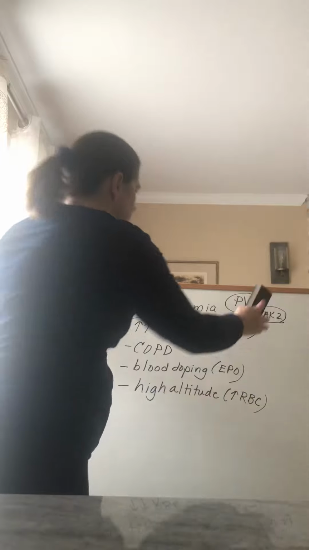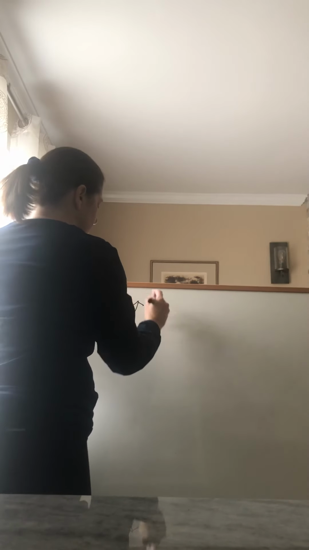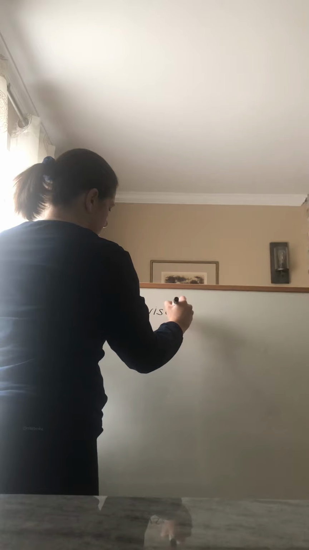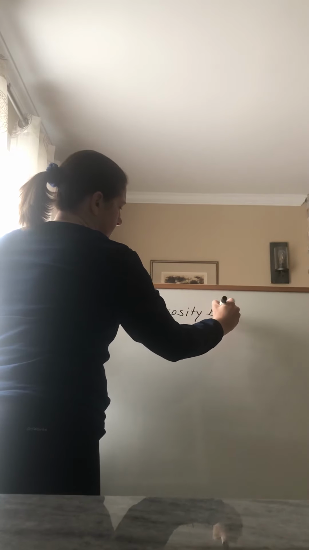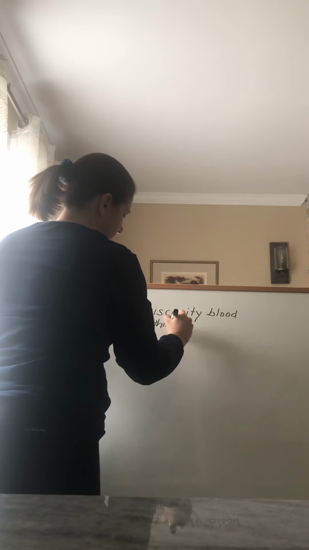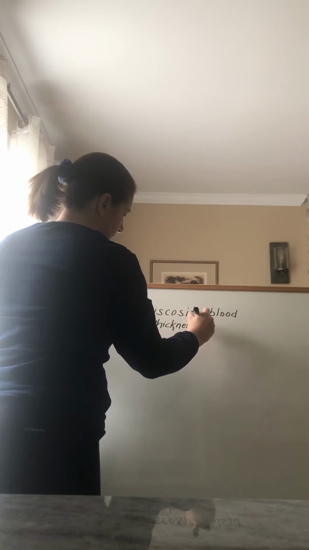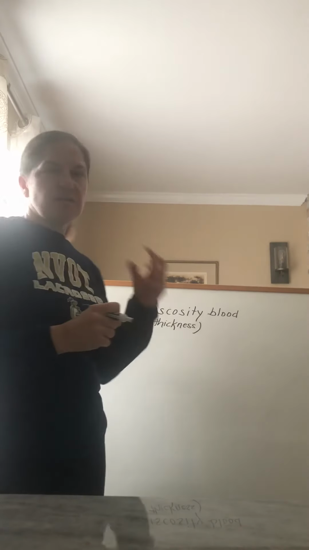So we can imagine a big danger with overproducing red blood cells for whatever reason is you're going to get an increase in viscosity of the blood. Viscosity is the thickness. If you increase viscosity of blood, you're increasing the thickness of the blood.